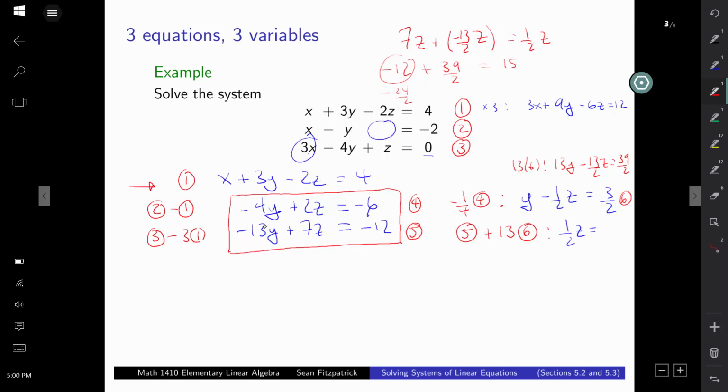So that's going to give me 15 over 2. So I get 1/2 z is 15 over 2. And now I'm in business because that's one equation, one variable. I can solve that, right? So what do I get? I get z equals 15.